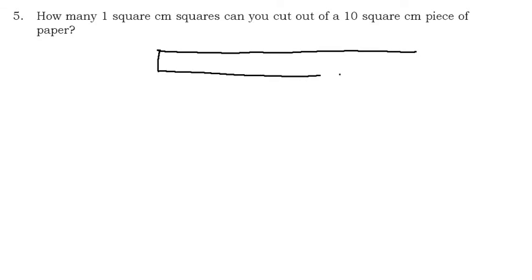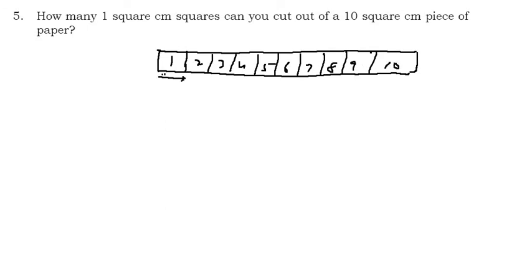Suppose it is a piece of paper and here is 1, 2, 3, 4, 5, 6, 7, 8, 9 and 10. Each one is a 1 centimeter square.